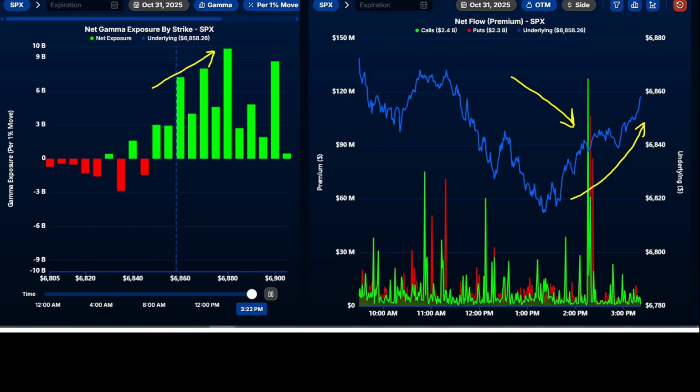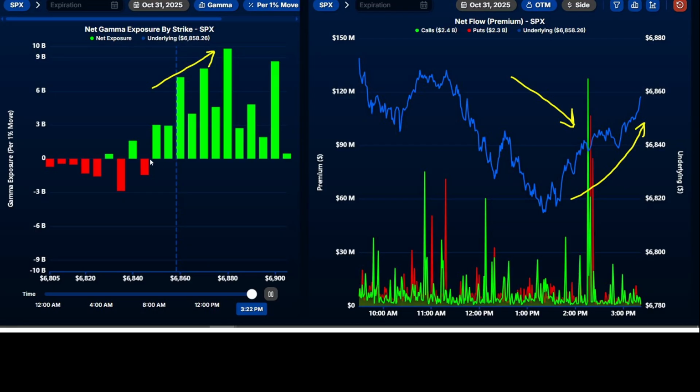Now I want to speak a bit about Quant Data. Quant Data gives us very, very important information for 0DTE. For example, here you see the net gamma exposure in the SPX or NDX, and this blue line is the price position in the session.